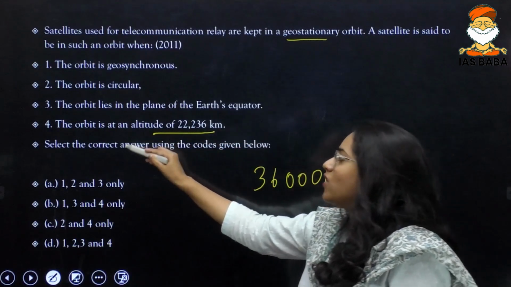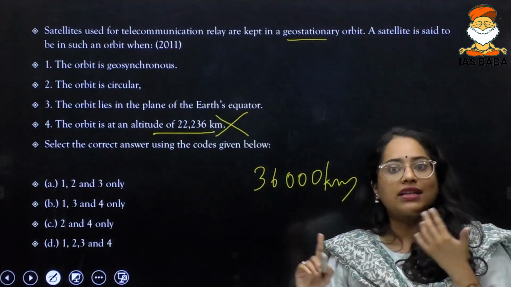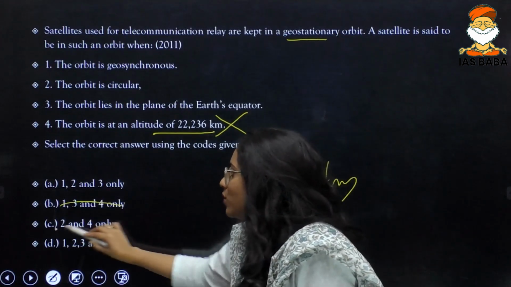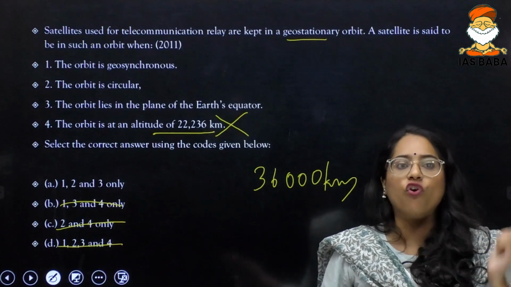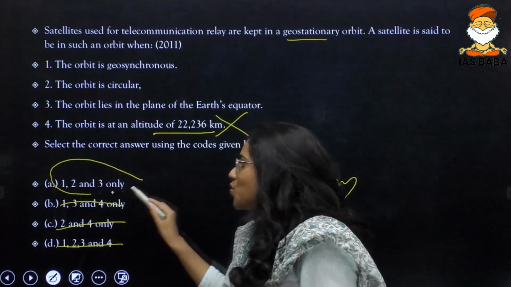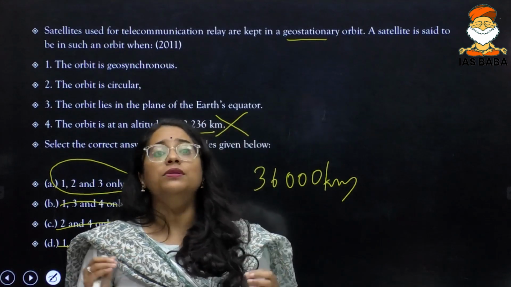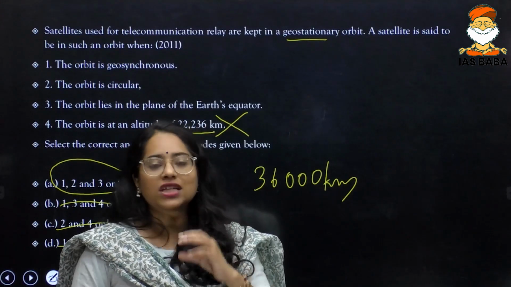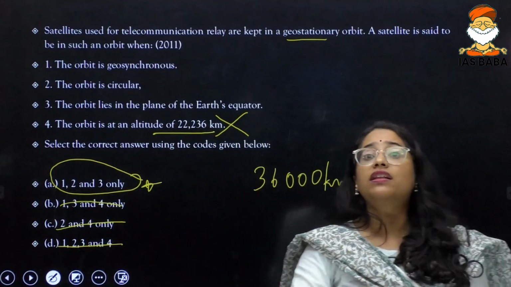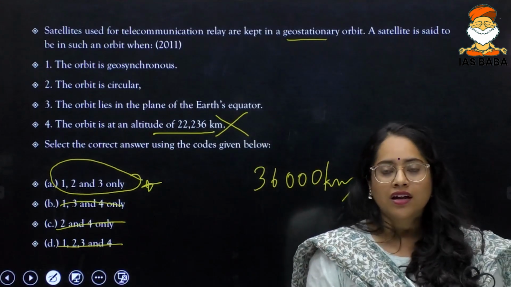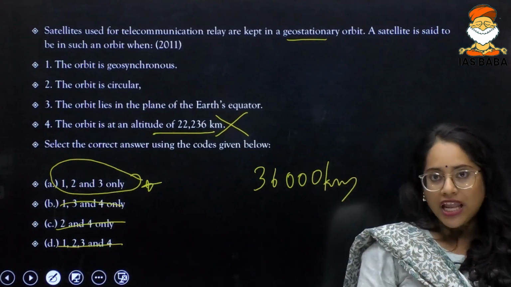If the statement says the orbit is at an altitude of 22,000, I know the statement is wrong. If that statement is wrong, I get to the answer clearly by eliminating it, because all of those options have 4 in it. My answer over here is 1, 2 and 3 only. It's a very simple question. You just have to know the basic things about a geostationary orbit, which is something that we will deal with in the class itself. This is how questions used to come previous to 2018.